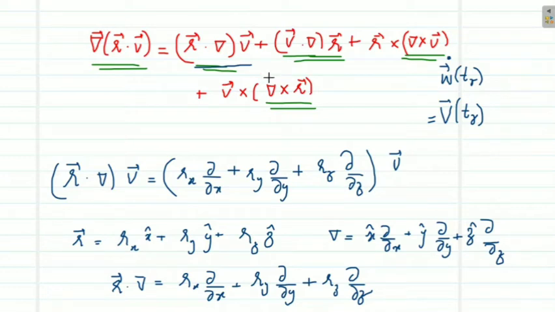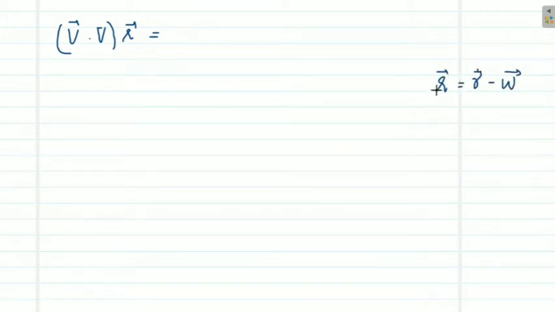Now let us find the expression for this second term, v bar dot del of r bar. So v bar dot del of r bar is equal to, we know curly r bar is equal to r bar minus w bar.